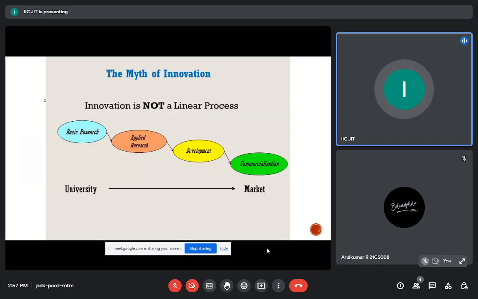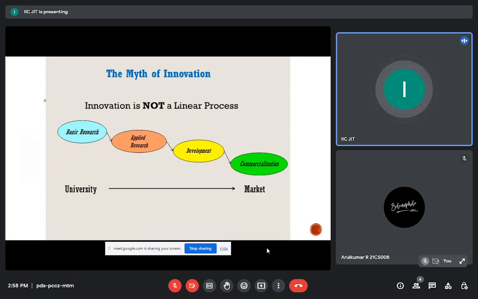Innovation is not a linear process. It's never a linear process. It's not a straight line. There are ups and downs, crests and troughs.